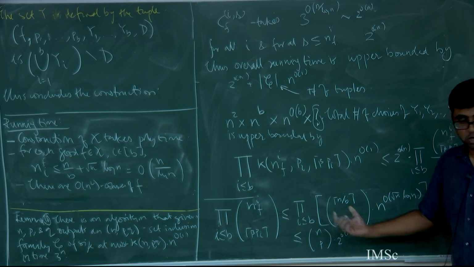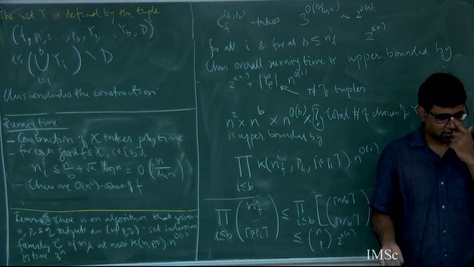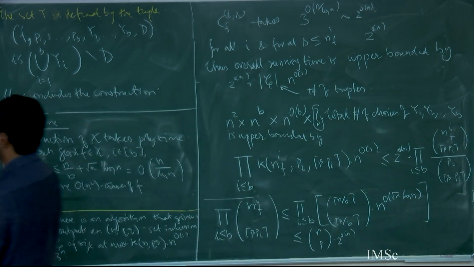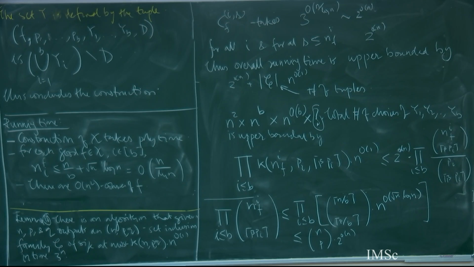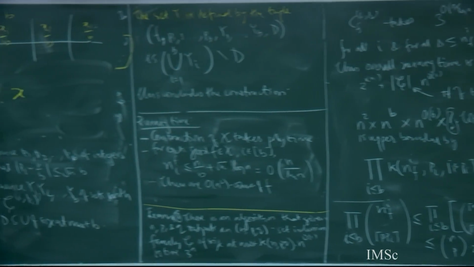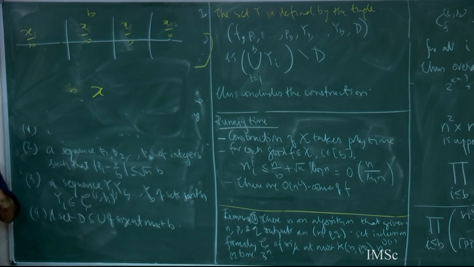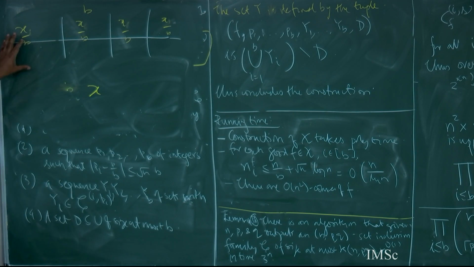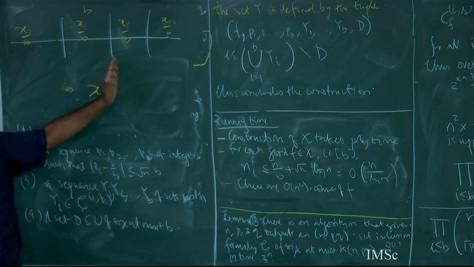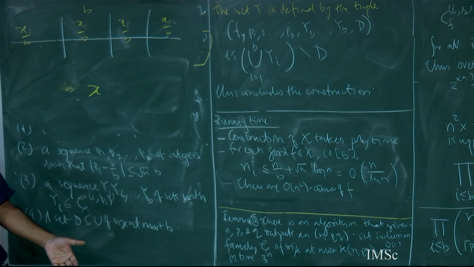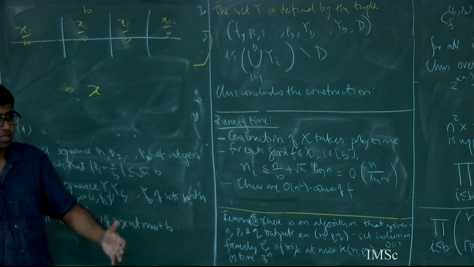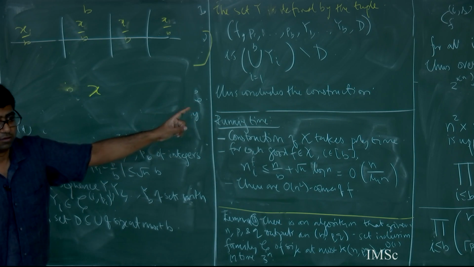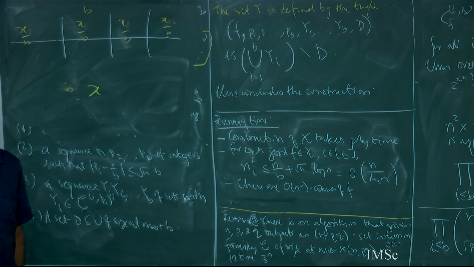This is why the product is there. Think of it this way: you look at the whole family, all sets of size x from the whole universe. Now look at the sets of size x which you can create by this process. Clearly they are sets of size x, so they are contained inside my family. But your family also contains some sets which this process cannot make, and that is why it is upper bounded.